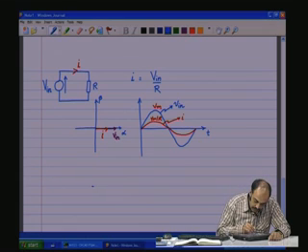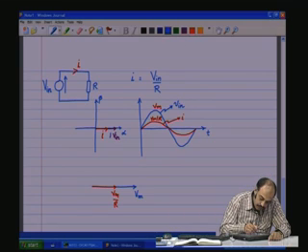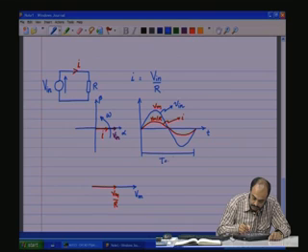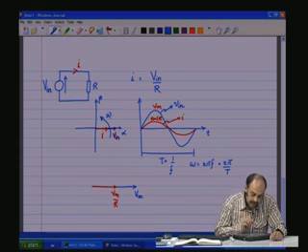So, if you see, I have one vector with amplitude V m, and I have another vector with amplitude V m by R. Now, this whole combination is rotating with frequency omega as determined by the frequency here, T is equal to 1 by f, and omega is equal to 2 pi f, which is equal to 2 pi by T, with that angular frequency, the radian frequency.